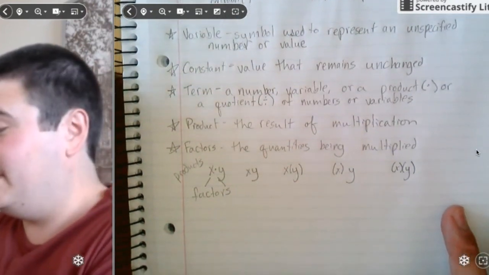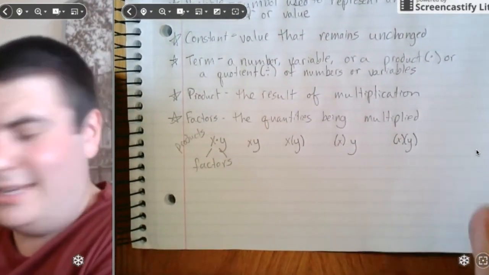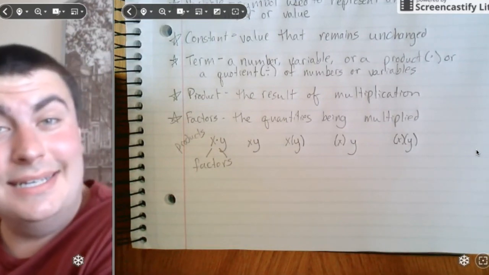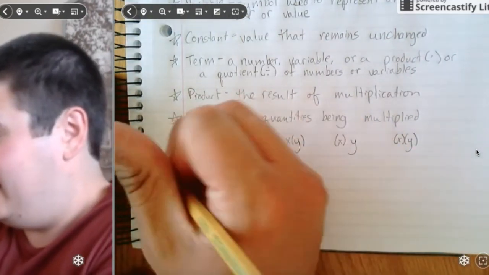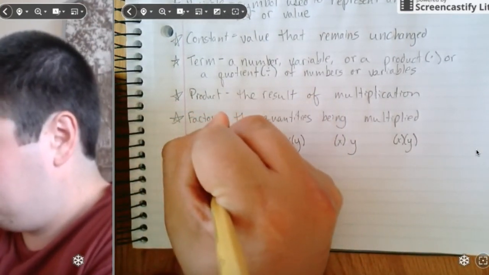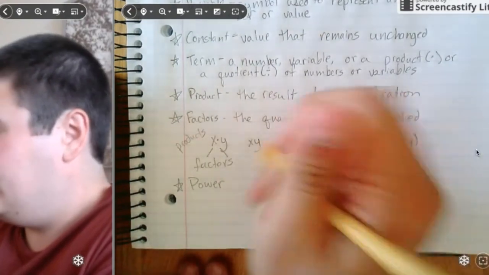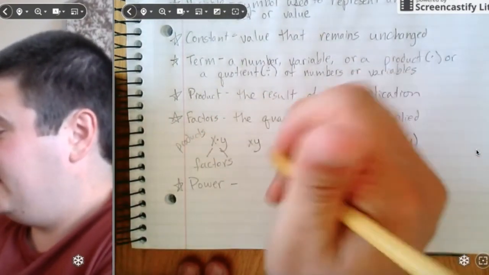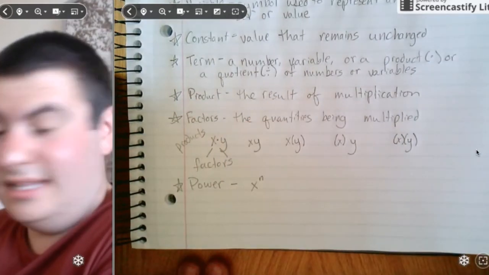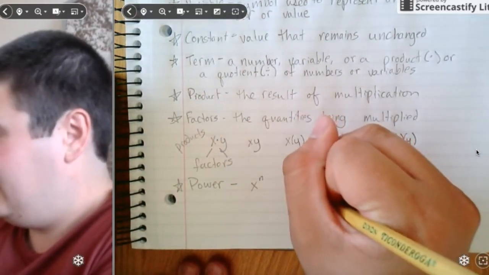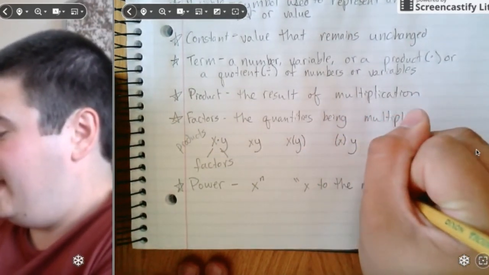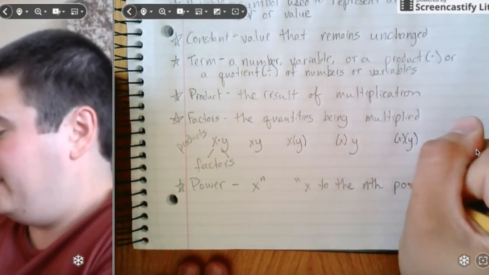Now there's one other type of expression that we're going to look at before we get to translating algebraic expressions, and that is a power. So this is an expression written in the form x to the n, which we read x to the nth power.